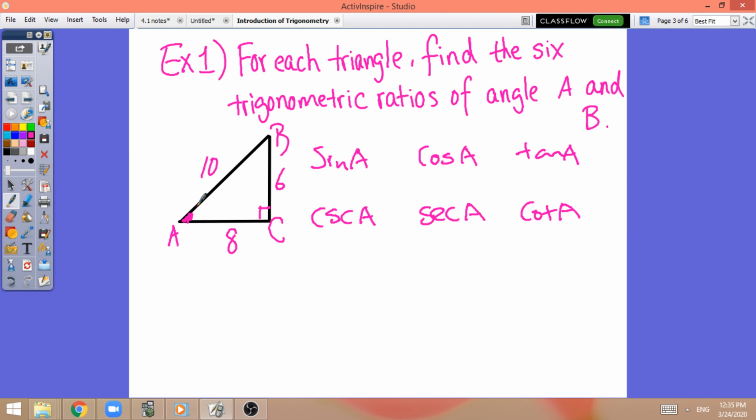That shows you it's the base angle. Adjacent is always the side right next to the base angle. So 4 is the adjacent, 6 is the opposite, and 10 is the hypotenuse.